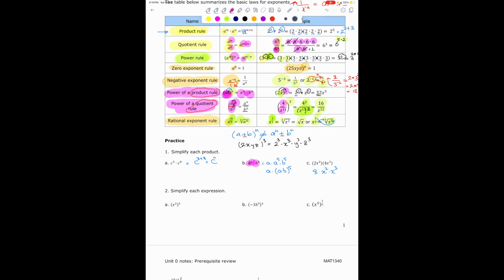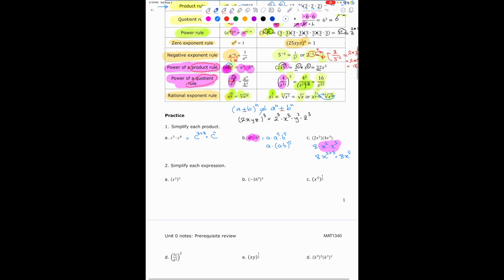Now, this expression can be condensed using the product rule. So I'm going to do that. This is going to be 8 times x to the 2 plus 3 using the product rule, which will give me 8x to the 5th power. So that expression here turns into 8x to the 5th power.